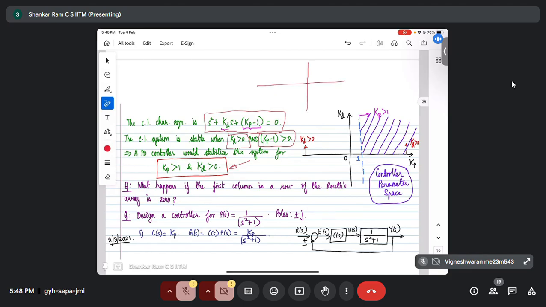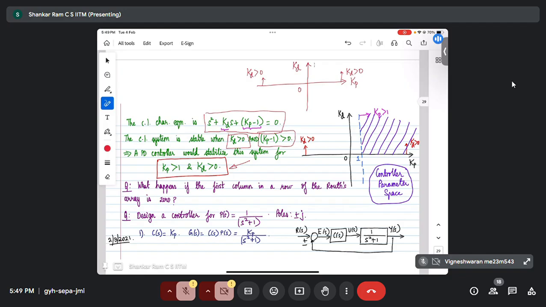How do we get this? Let me illustrate it. As we remember, controller parameter space means we plot the range of controller parameters that will stabilize the closed loop system. So if we plot KP and KD axes, KD greater than 0 is this half plane. Whatever is above the horizontal axis is KD greater than 0.